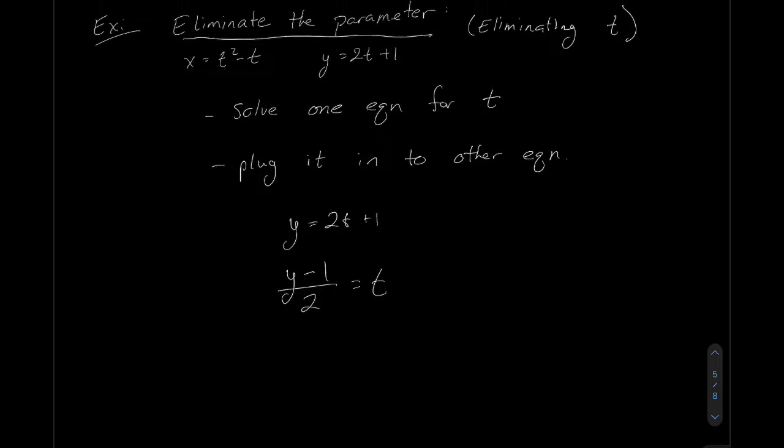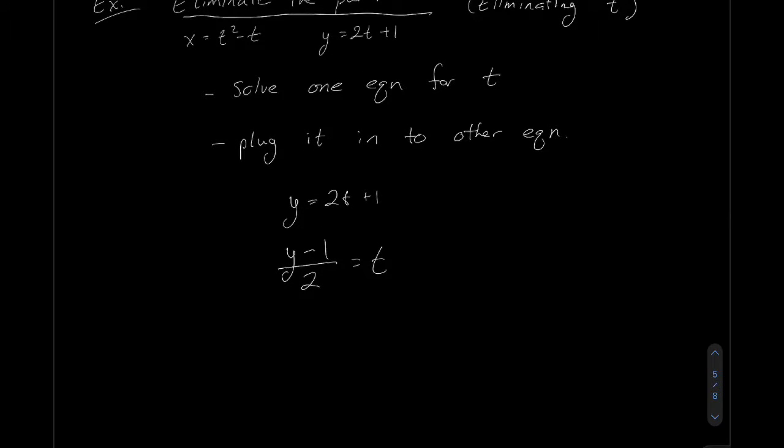So when we solve for t, we get (y minus 1) over 2 is equal to t.